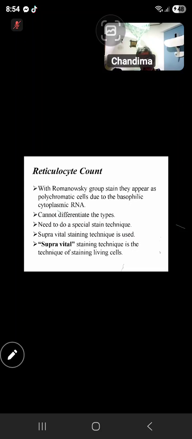Not only that, especially in modern hematological analyzers, they differentiate the types of reticulocytes. There are 4 types of reticulocytes, according to the appearance of the reticular remnants, from type 1 to type 4.